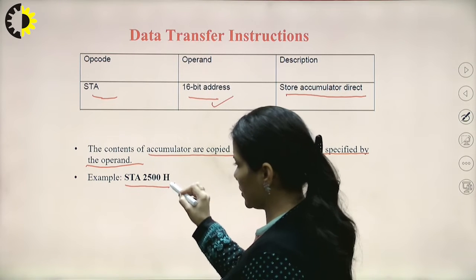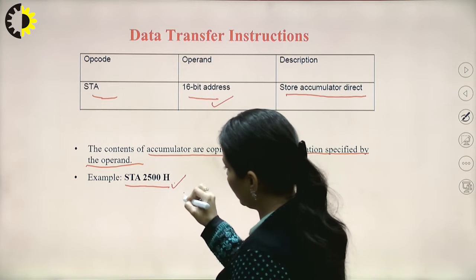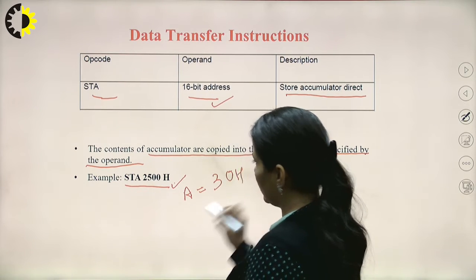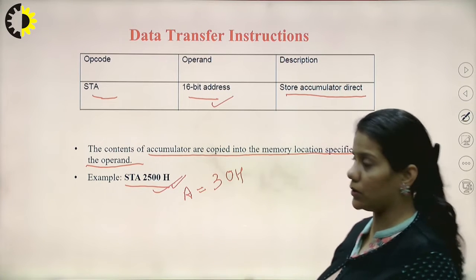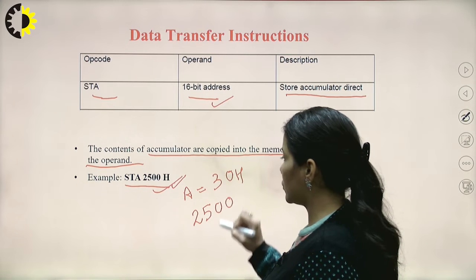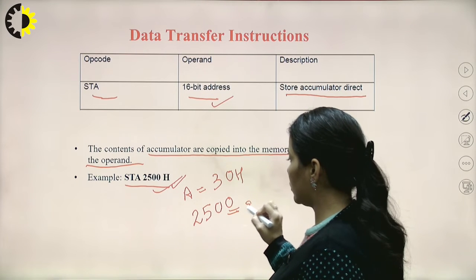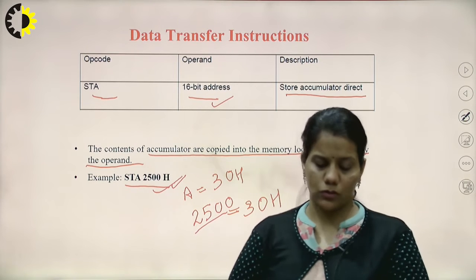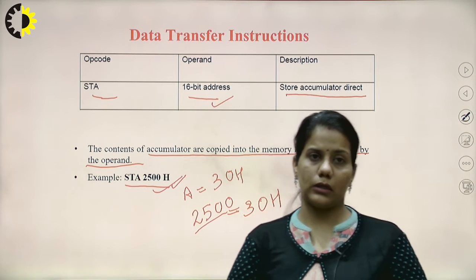Suppose when this instruction is executed, the contents of accumulator is 30H. So after this instruction is executed, what will happen? The memory location 2500 will be equal to 30H, means the memory location 2500 will hold the data 30H.